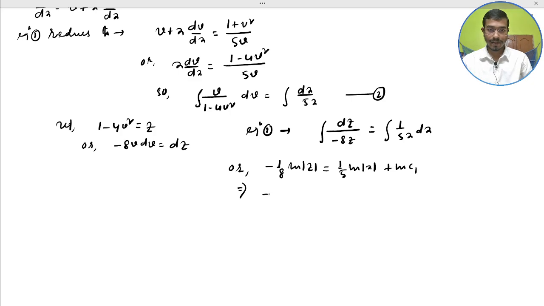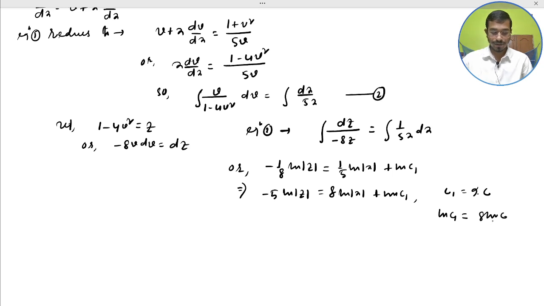That implies minus 5 ln mod z equals 8 ln x plus ln c1, where c1 is the integrating constant and ln c1 is equal to 8 ln c. This is the integrating constant.